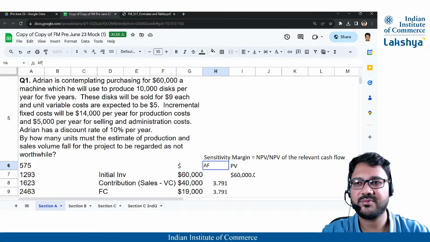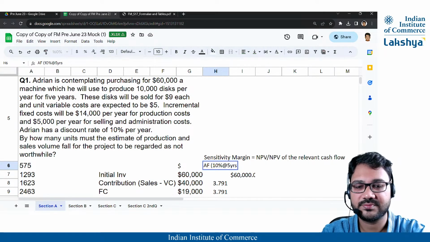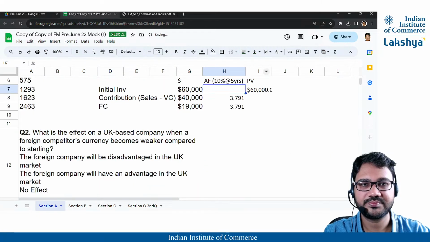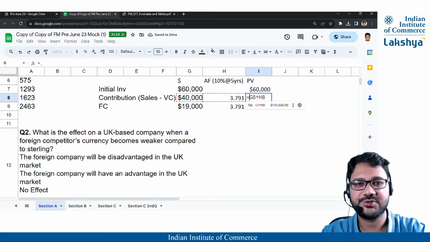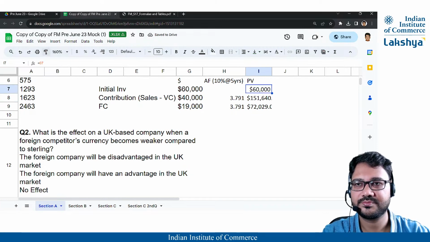So annuity factor, let me just explicitly write it. 10%, okay, at 5 years. Okay. Now just find the present value. We find the present value of all.